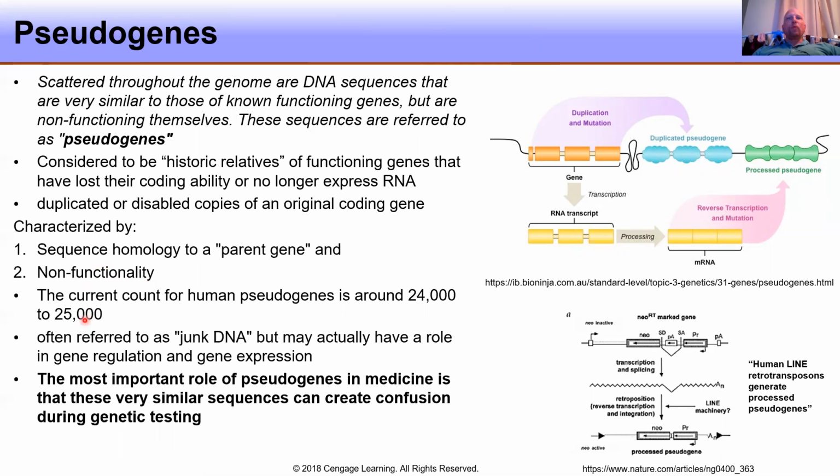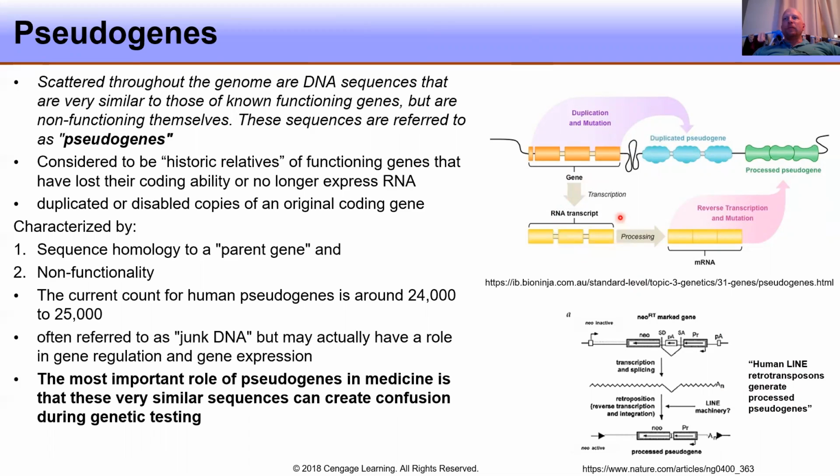One important consideration is that during genetic testing, we have to factor in pseudogenes because these very similar sequences can potentially create confusion for us. Also over here, I put in a diagram from an article entitled Human LINE Retrotransposons Generate Processed Pseudogenes. There are two mechanisms for the creation of pseudogenes. There's a duplication and mutation mechanism to give us duplicated pseudogenes.